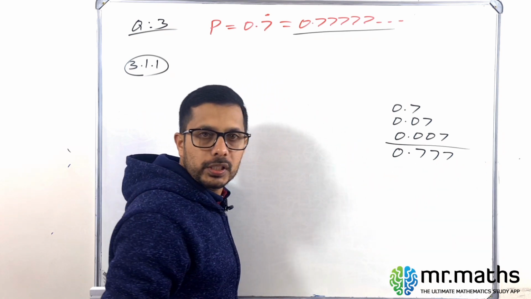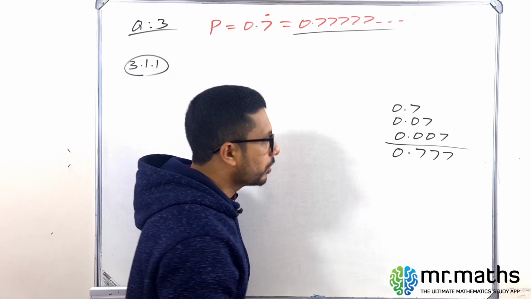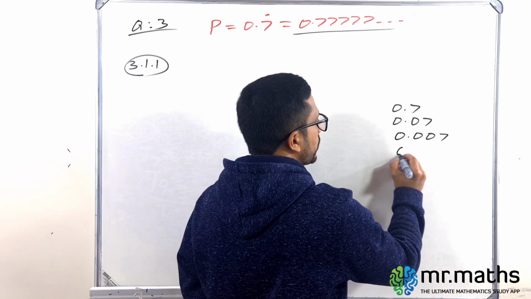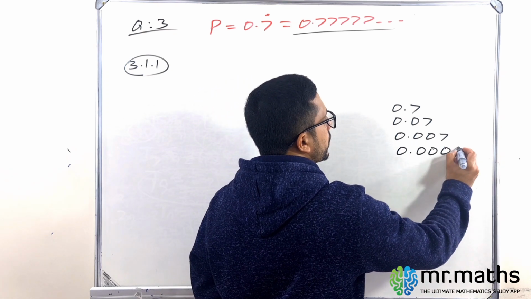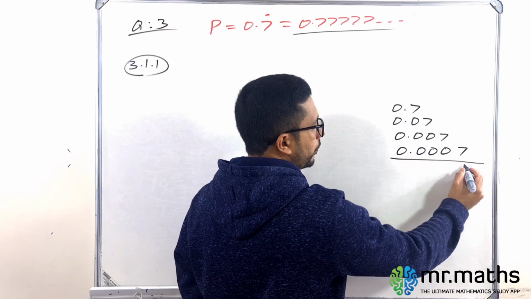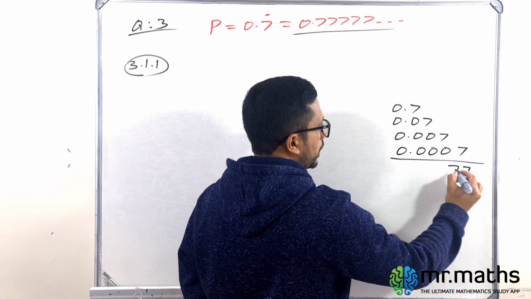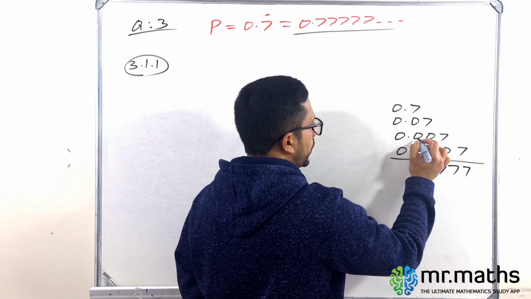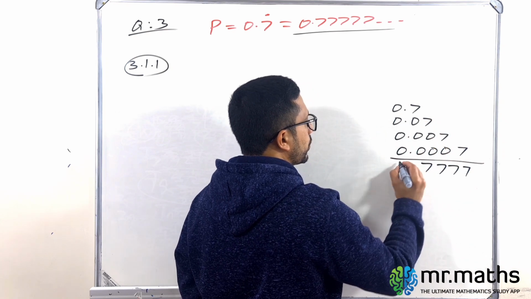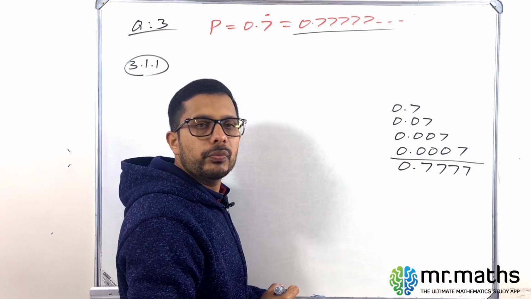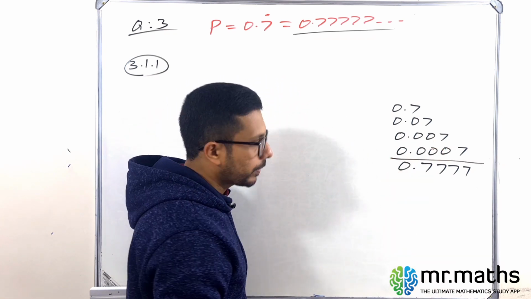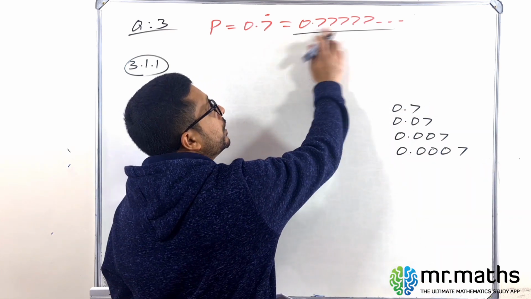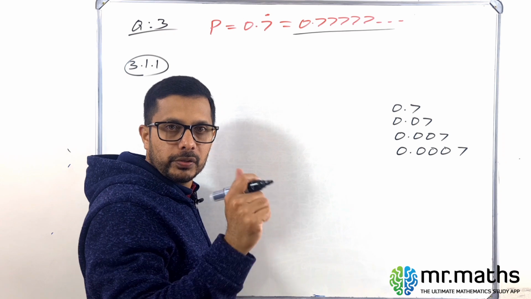So I am getting 0.777. You understand? If I add one more term, 0.0007, I get 7.0 again. Can you see that? If I continue like this, then I am getting 0.7777.